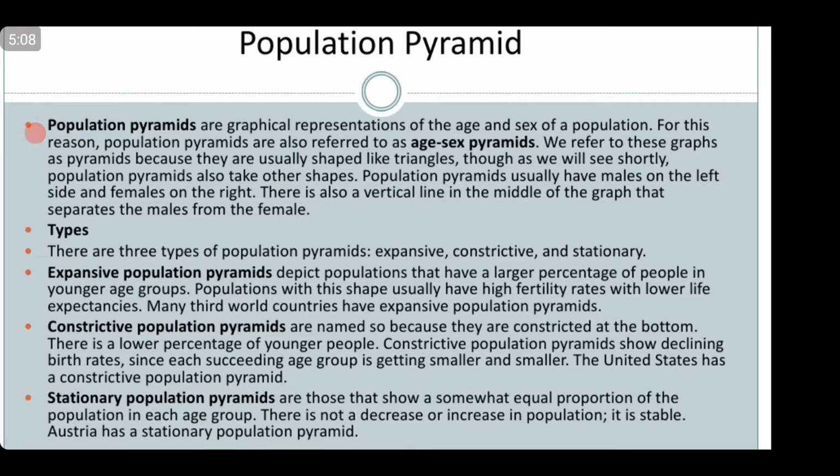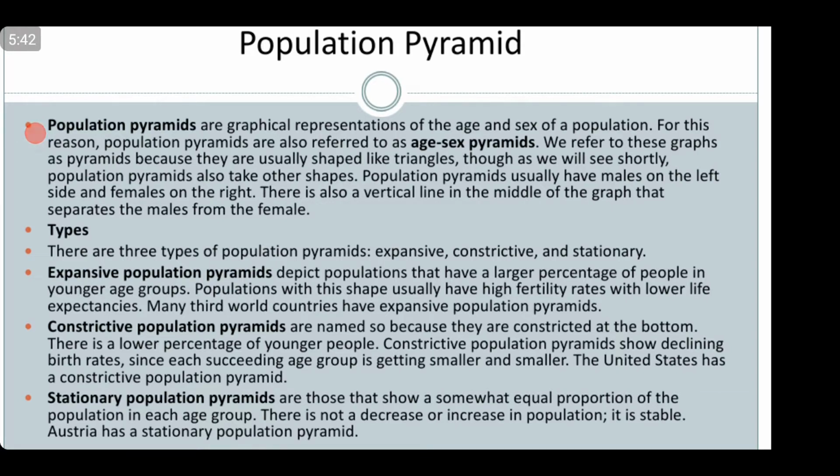In some countries, the population between 15 to 59, the working population, is more than the aging population. But in other countries, you can see that the aging population is more than the working population or youth, right?